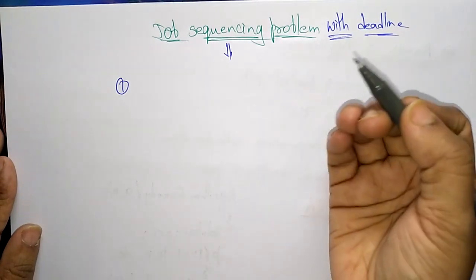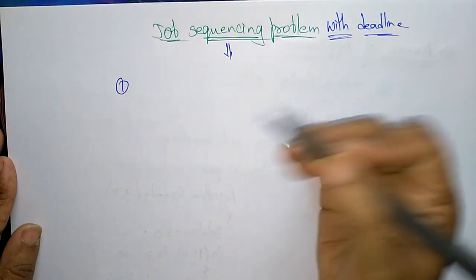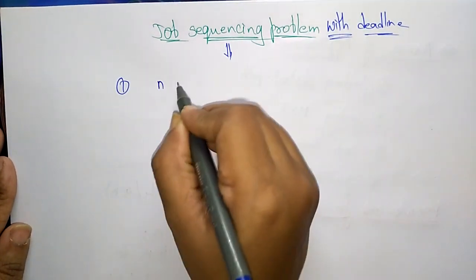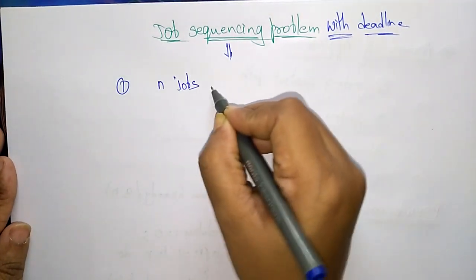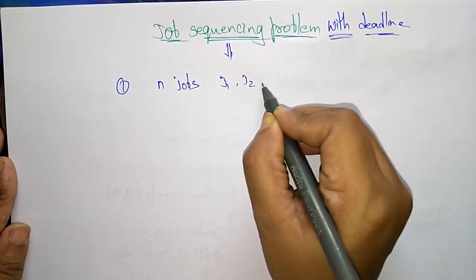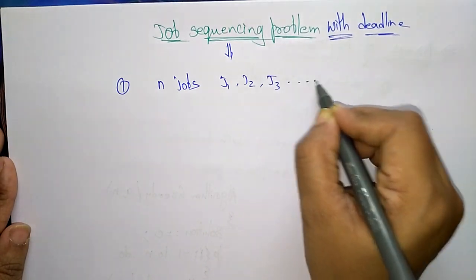Whatever job sequencing problem we are taking, suppose we have n jobs, that is J1, J2, J3 up to Jn.